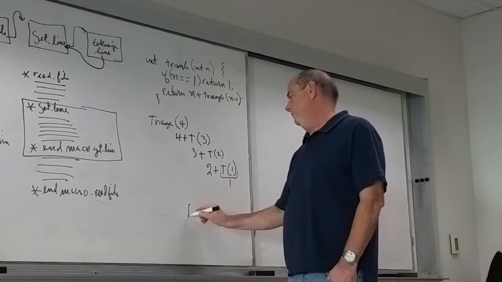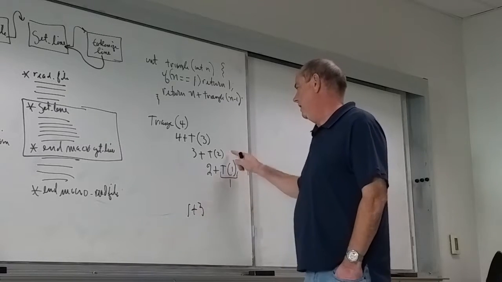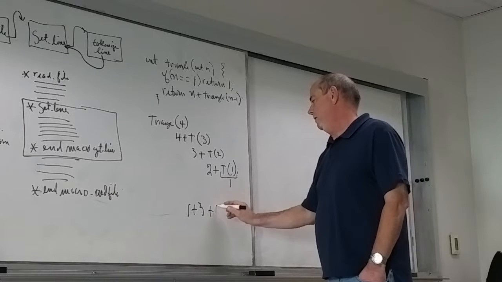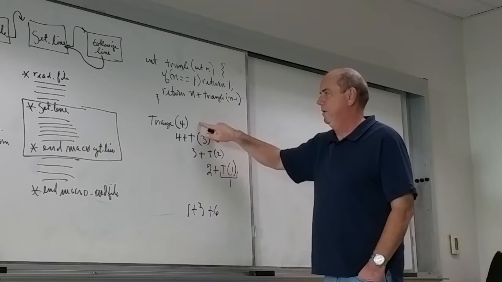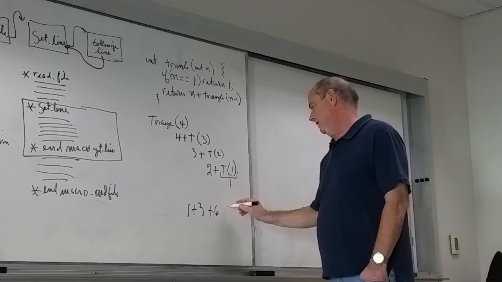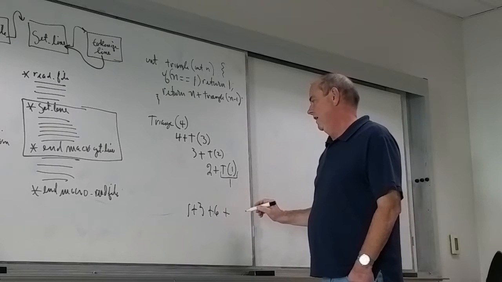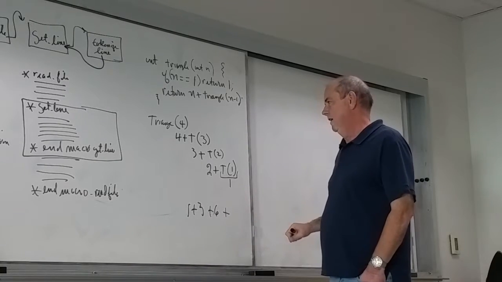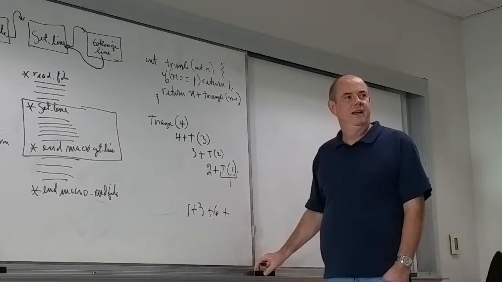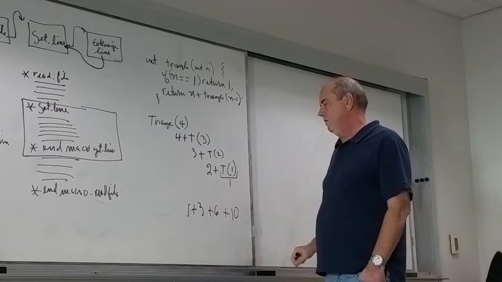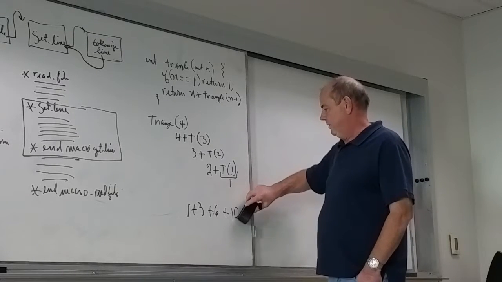So we've got 1 plus 3, plus 3 plus 3 is 6, plus 4 plus 6, 10. What's this one? 10. Okay, so that calculates the sum of the first n integers.